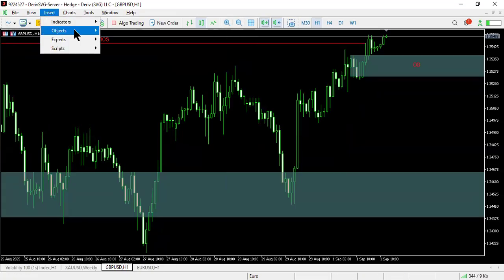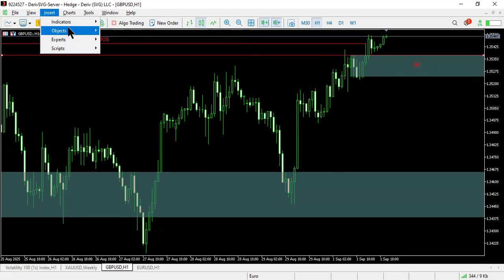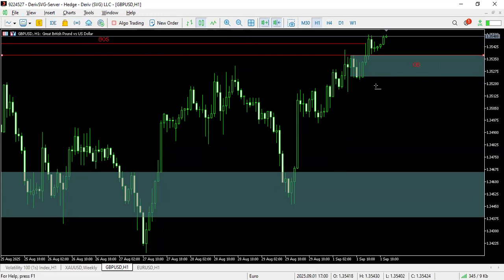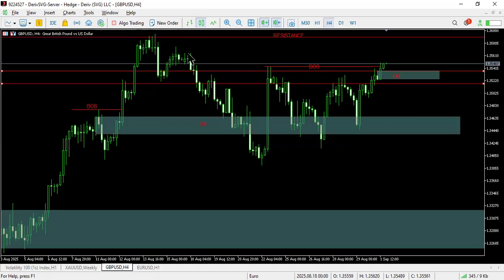Let me just write out the coordinates for GBP USD. Our entry price being that line. And then stop loss slightly below the order block. And then for the take profit, I like to use the higher time frame. In this case, we are going to use the resistance. So let me write out the coordinates.